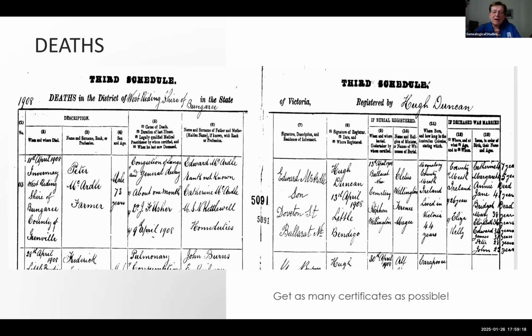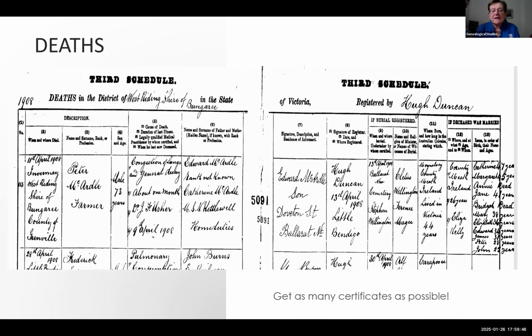So we've got the parents' names of Peter McArdle, or to put it another way, the grandparents' names, to add to the birth certificate of the Peter McArdle we saw. Bit confusing that Peter McArdle, the son, his father's name was Peter McArdle, and his grandfather's name is Edward McArdle.